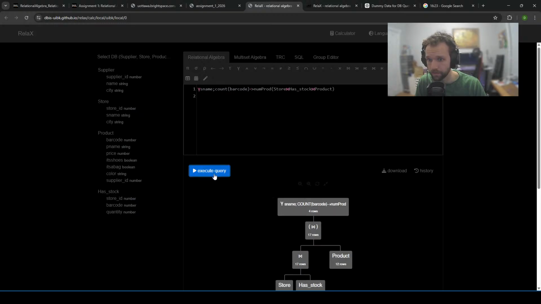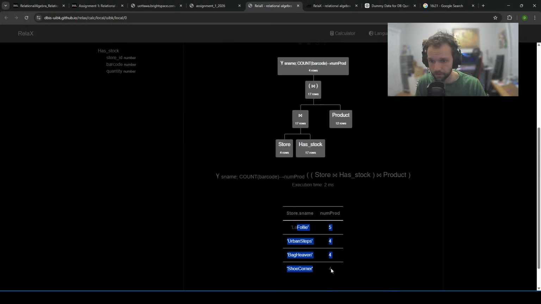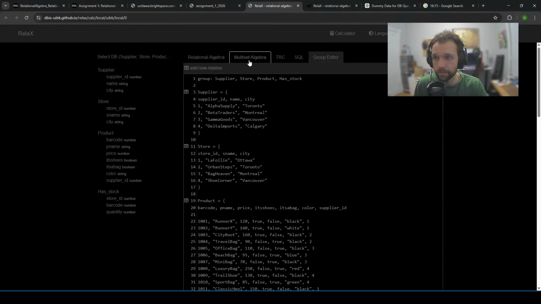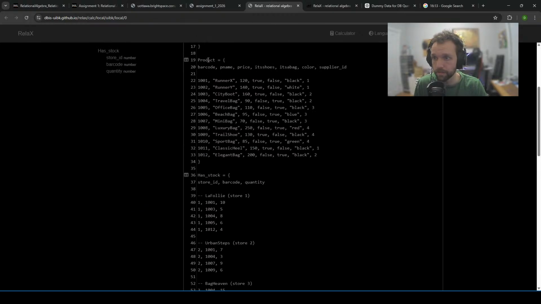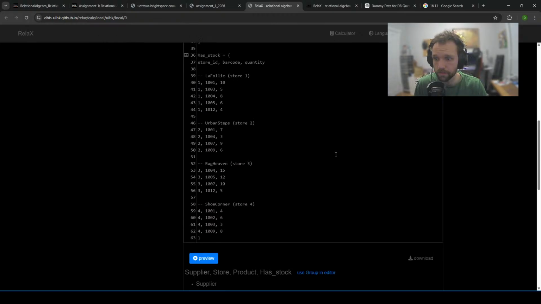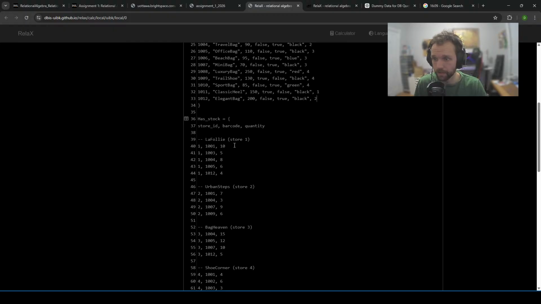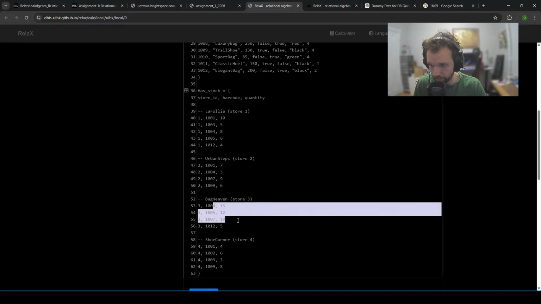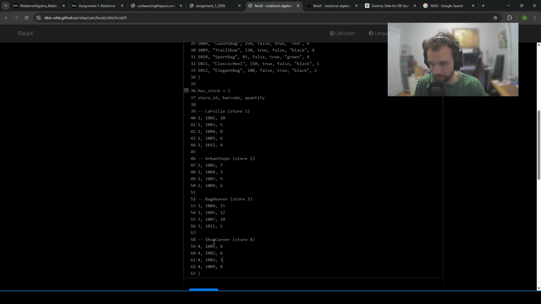Yeah, execute query. 4 rows. Number of products. And does this make sense in our thing here? Products, yeah. Has stock. All right, so that's got 5 products. This has got 4 products. This has got 4 products. This has got 4 products. Woot.